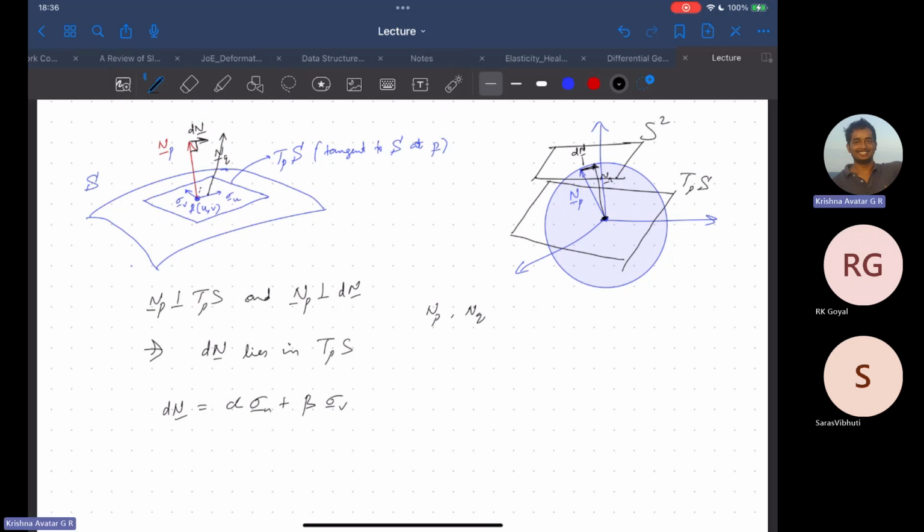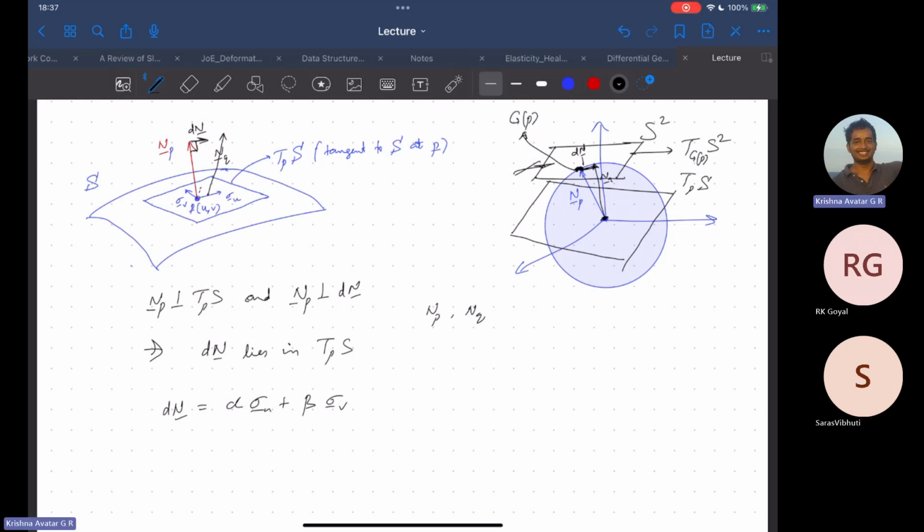The point where the normal Np ends is called G of p. The tangent plane at G of p is T_G(p) S squared, because now the surface is S2 and the point is G(p). This is a very subtle thing, so I hope you are understanding it.